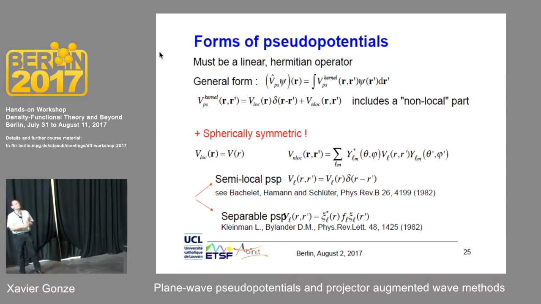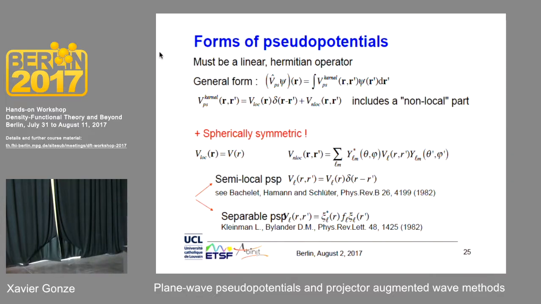There are actually two types of such functions that have been introduced in the past. Either the semi-local pseudopotential, where the V_L of R prime was a simple V_L of R times delta of R minus R prime, or a separable pseudopotential in which we have something a bit more complex, but still we have a dependence on L. And actually there is a canonical way to go from this form to that form that I will not explain.